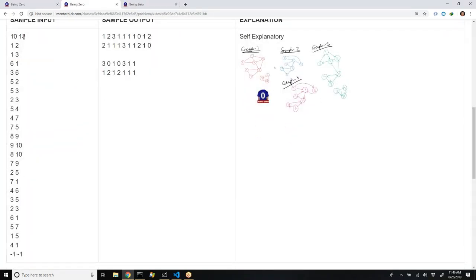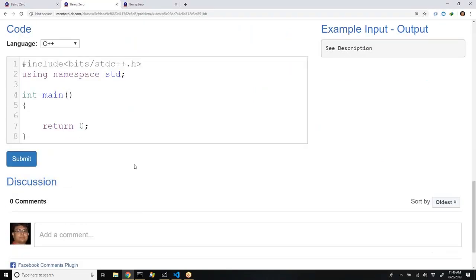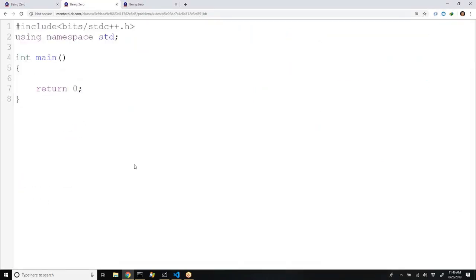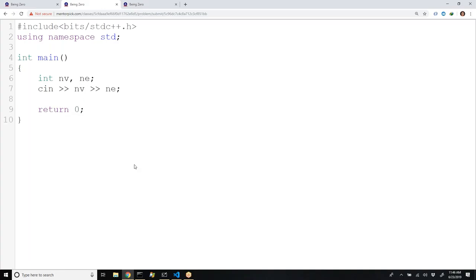Input format is we read number of vertices, number of edges. And is this having one graph or multiple graphs? Multiple graphs.